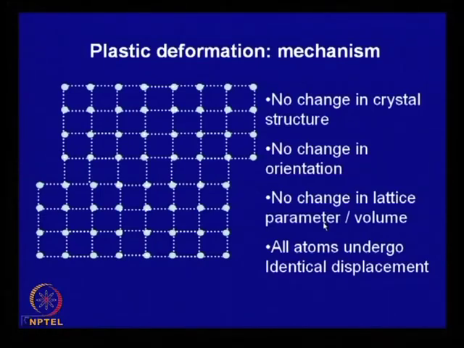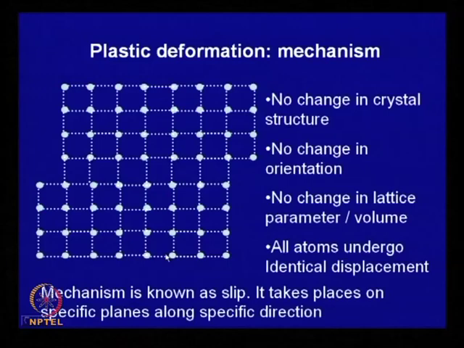And all atoms in the top part which has slipped over the bottom, irrespective of their distance from the plane on which slip has taken place, their displacement is identical. It is one atomic distance for each one of these. So, this mechanism is known as slip, and as has been mentioned, it takes place on specific planes along specific directions.